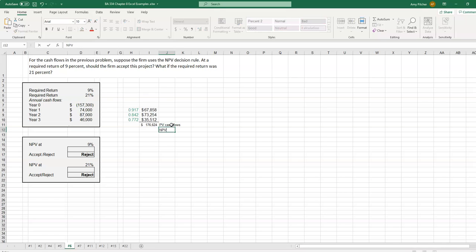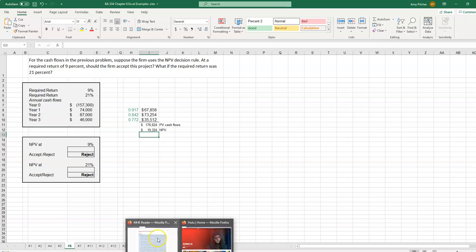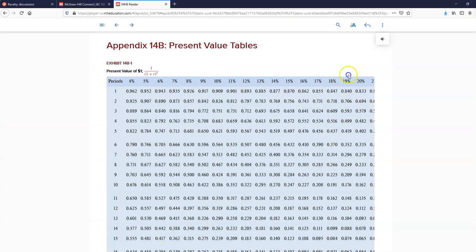To get the net present value of the project, we add the present value of our cash flows to the initial investment. We can check and see if our table has 21%. I'm not going to try to.